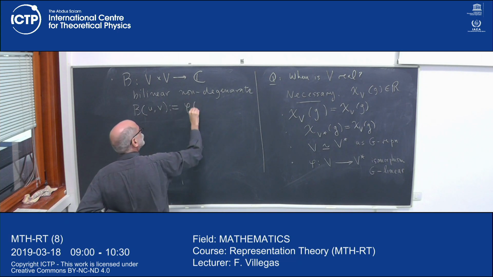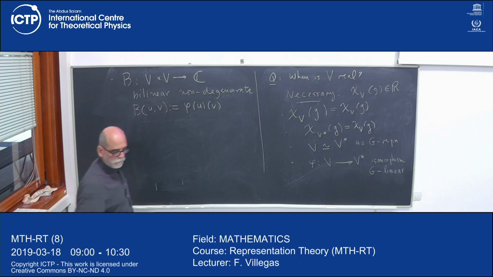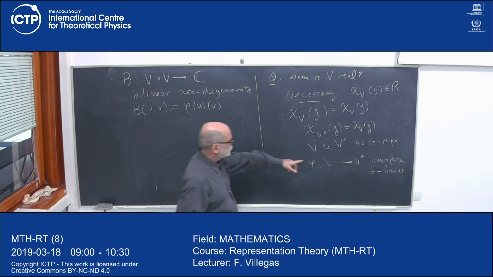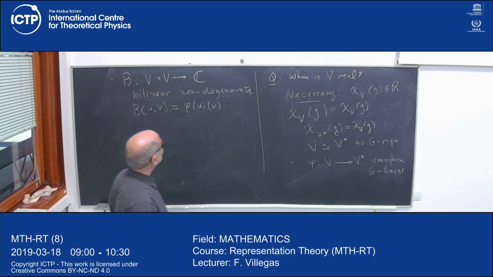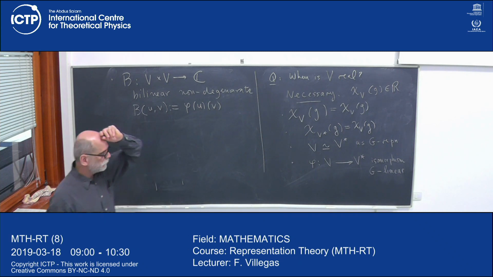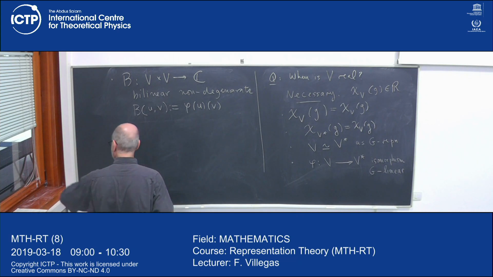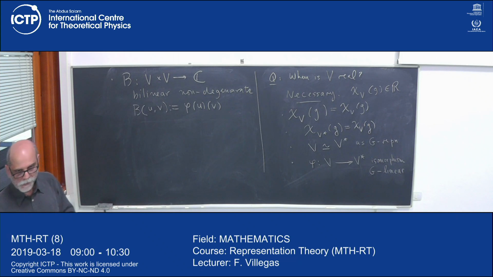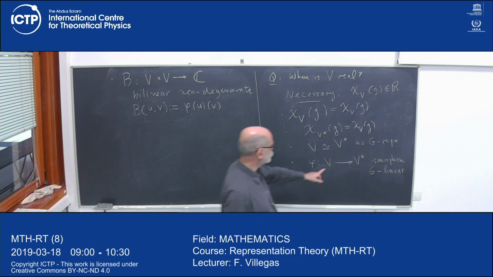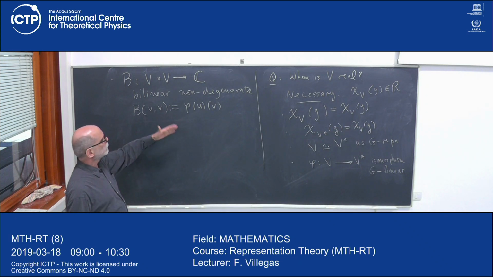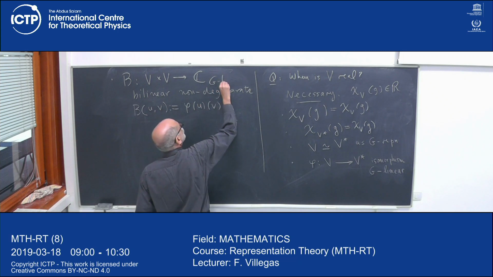Then you can define this as phi of u evaluated in v. Phi of u is some linear form, some element of V dual. That linear form can then be evaluated on the vector v. And if you follow the properties of all these maps, you'll see that this is a bilinear map. And conversely, if we have a bilinear map that is non-degenerate, then it gives rise to an isomorphism between V and V dual. And because everything we're doing is G linear, everything here is G linear.